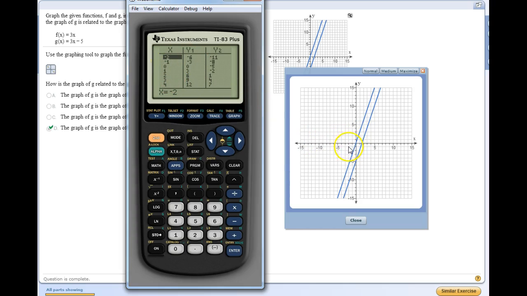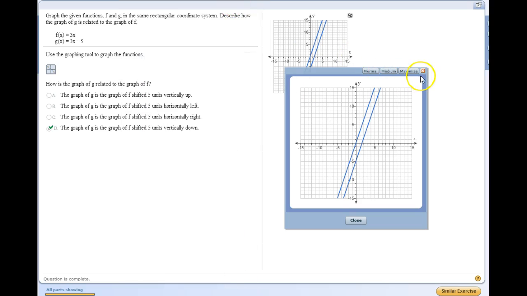So there's -2, -6 right there, and I could have plotted 3, 9. So I could apply those 2 points. It doesn't matter as long as it's 2 points on the line.